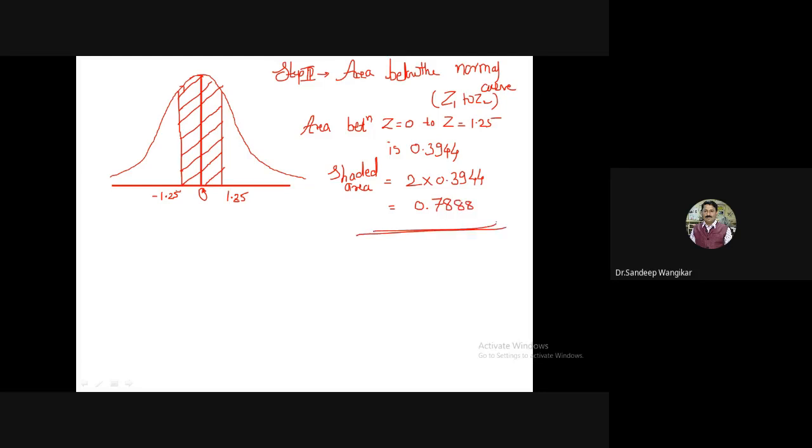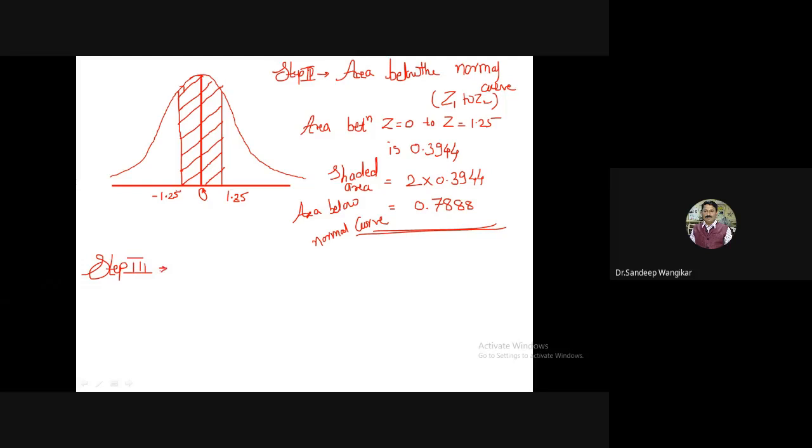This is the area below the normal curve. And now last step, step number 3.